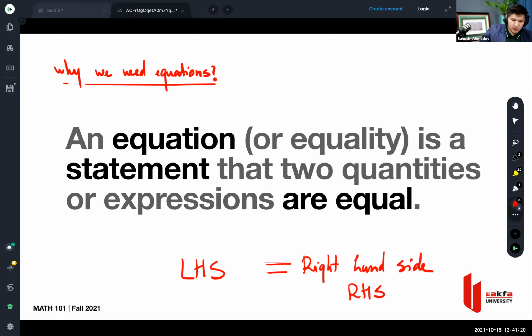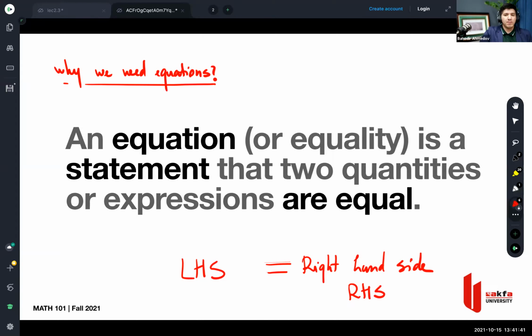Daniel Arbik, are you here? Oh, I am here. So why would we need equations? Or can you give me an example of an equation?